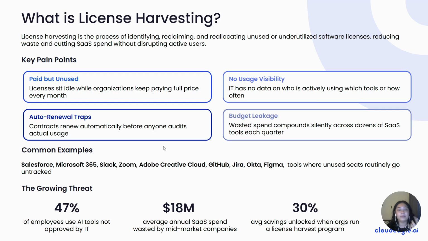Let's say a company has 100 licenses and only 50 are being used, should they downgrade those 50 or should they remove those 50? And there are also budget leaks. When you are spending on licenses that nobody is using, there's going to be a lot of waste there.